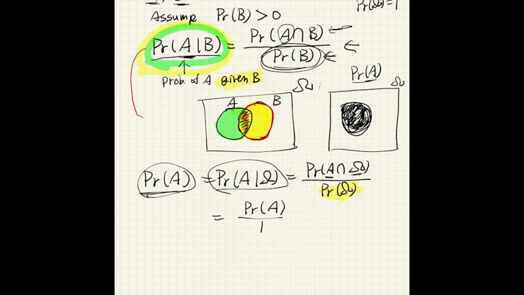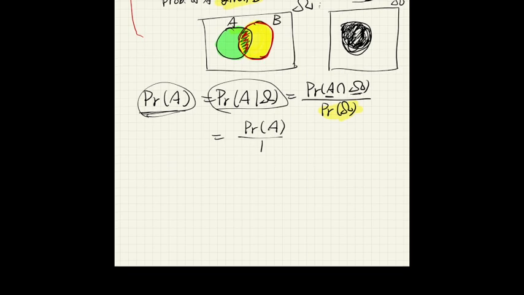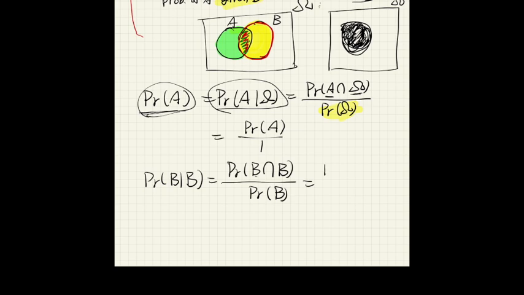So as such, if we calculate the conditional probability of B given B, then what's that value? Okay, according to the definition, it's B intersect B divided by the probability of B. But B intersect B is of course B. So it's 1.